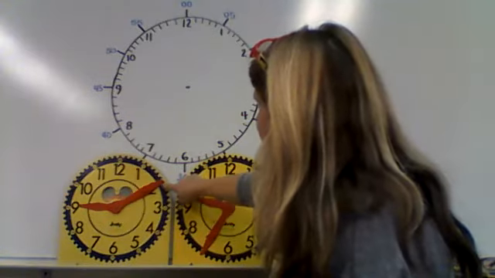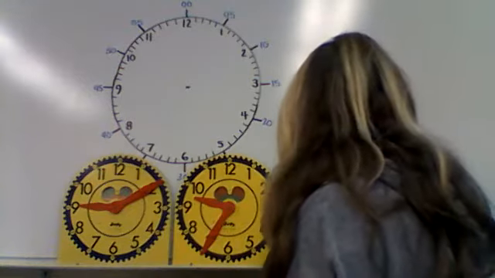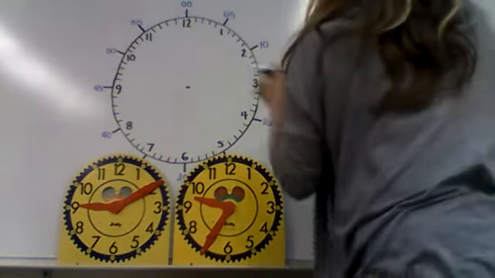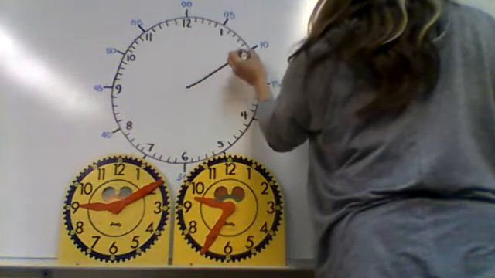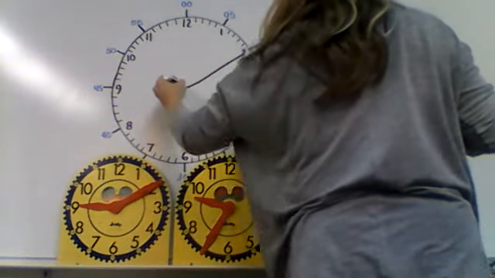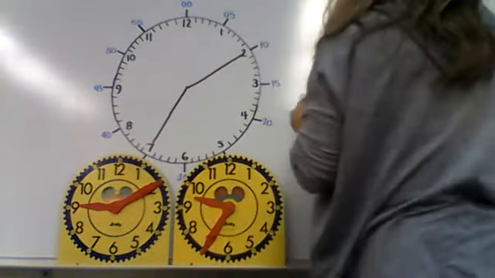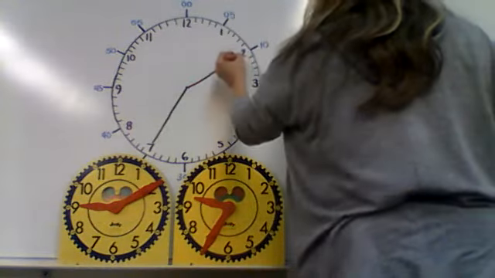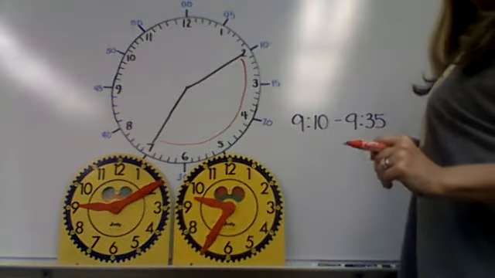So we need to figure out how much time passes from the arrow being here to the arrow being here. We want to know how much time has gone by in that area.